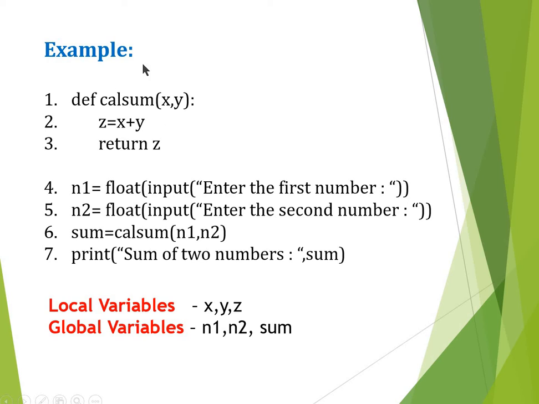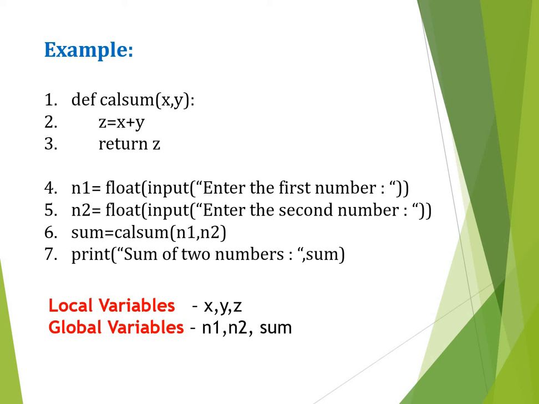It will calculate the value of z and return the value of z in the local environment. So the value of z is returned to the caller, which ends the function. When the value of z is returned to the calling function, the local environment is removed.